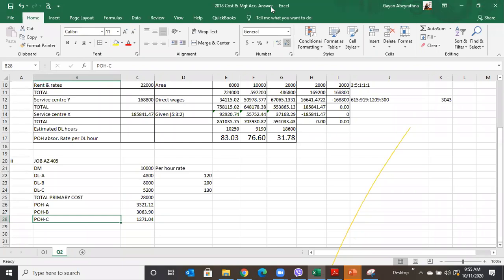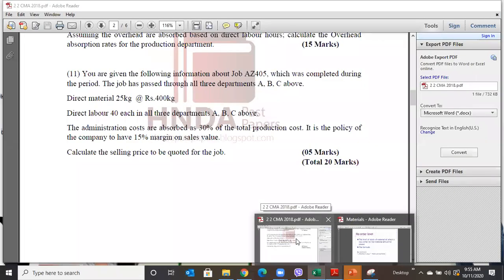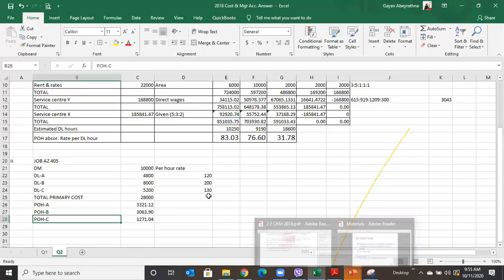Okay, now we have identified the primary cost. Then it's saying administration costs are absorbed at 30% of total production cost.